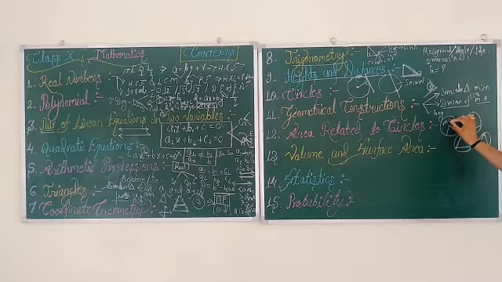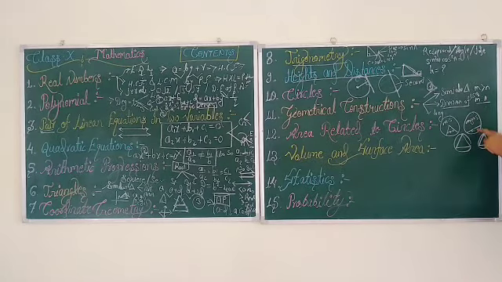Major sector, minor sector, major segment and minor segment. The region between the chord and arc is said to be the segment, and the region between the two radii and arc is said to be the sector. All these things we find out under this chapter by using different formulas.